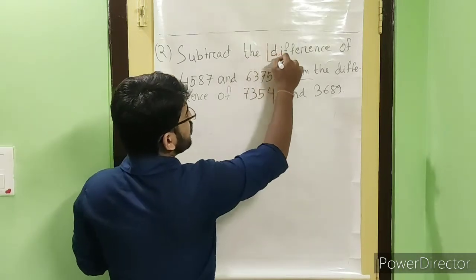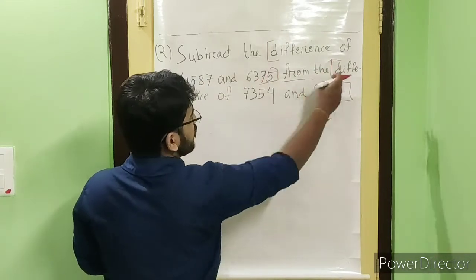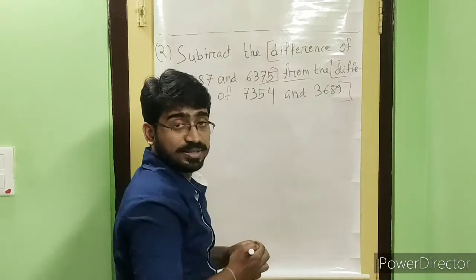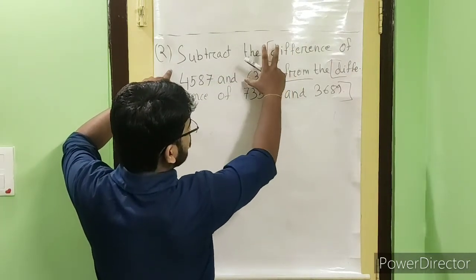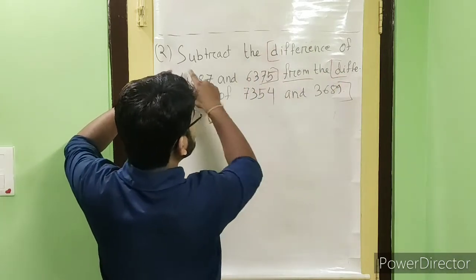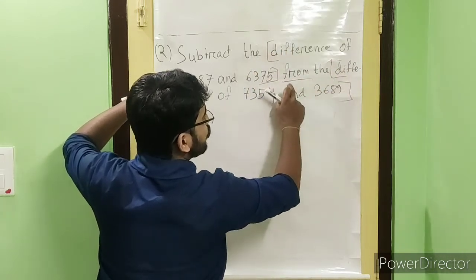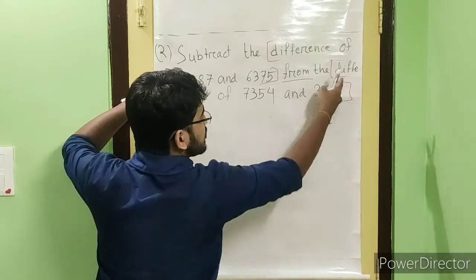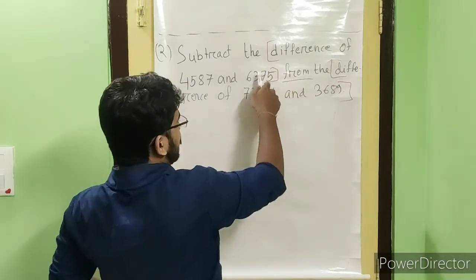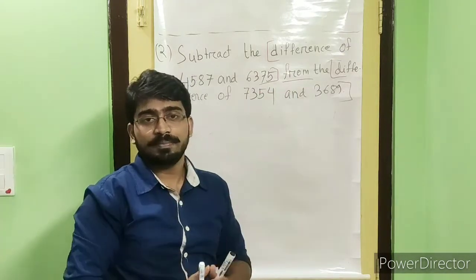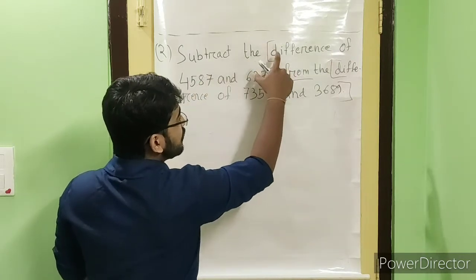Now see here, subtract the difference of 4587 and 6375 from the difference of 7354 and 3689. So we are first dividing this. We need to find the difference of this and the difference of this. So we need to subtract the difference of this from the difference of this.